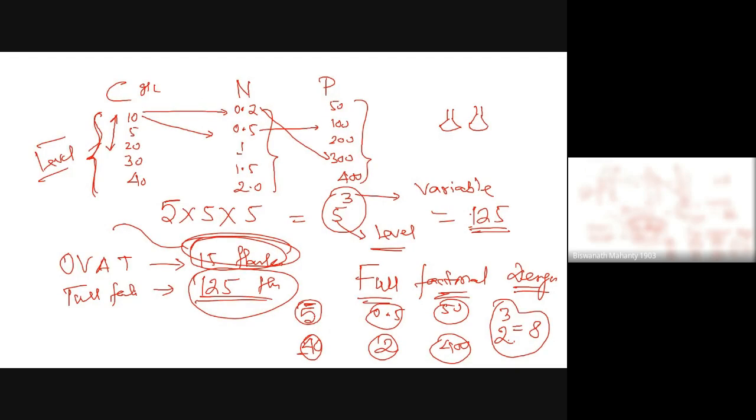Coding means instead of giving the number, I will give some +1, -1, like that approach. Let me take one case. For example, I am testing carbon between 5 and 40. I will write here carbon, nitrogen and peptone.